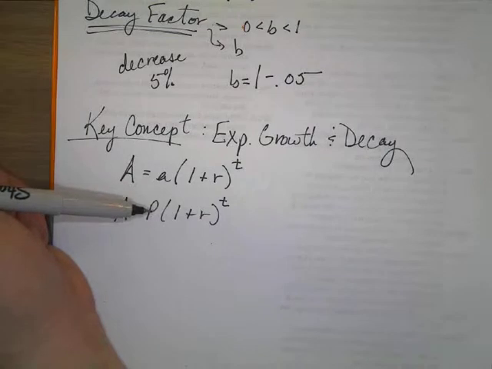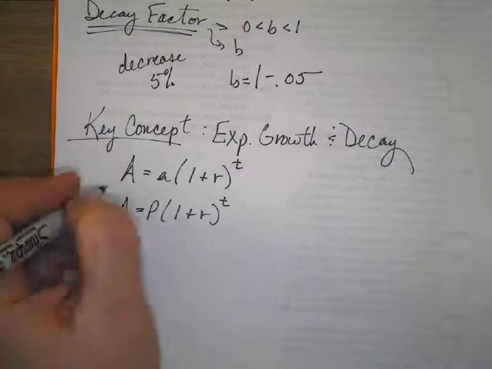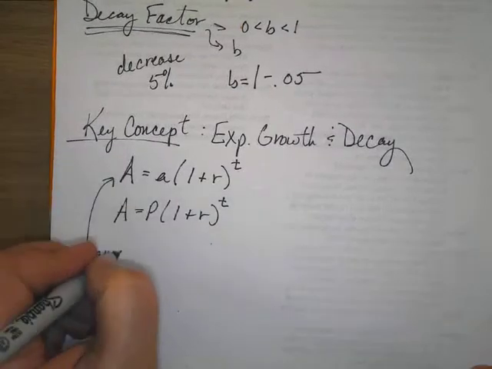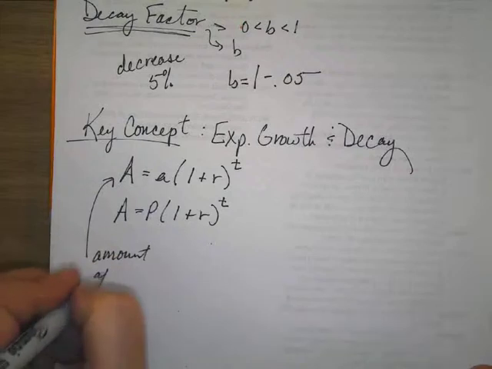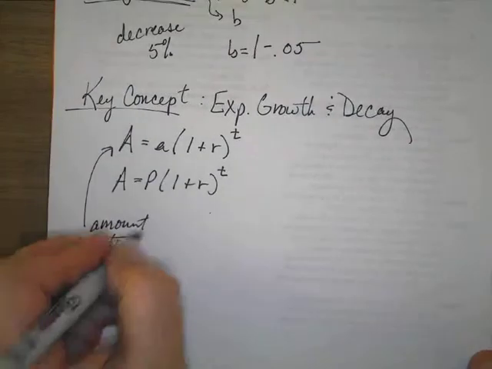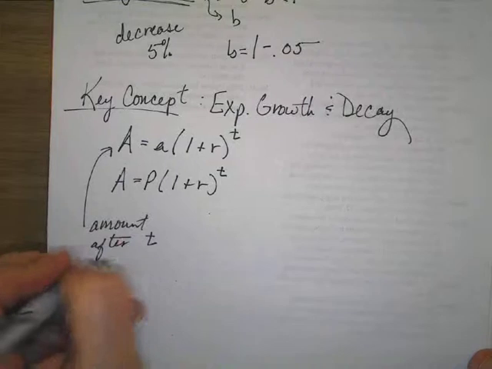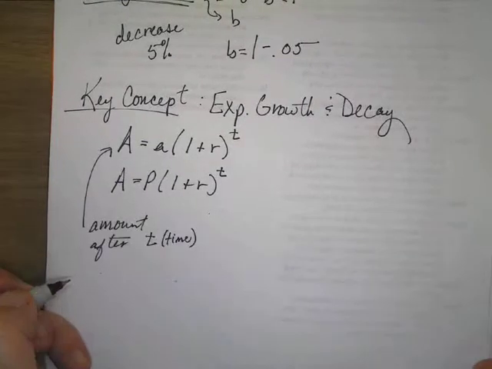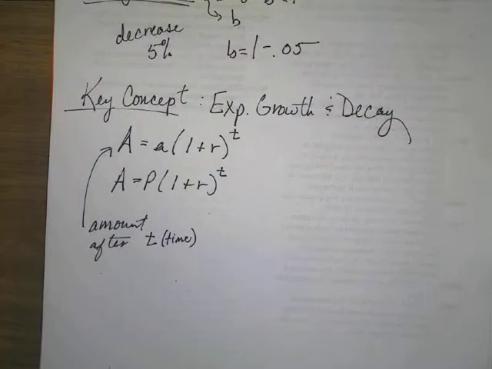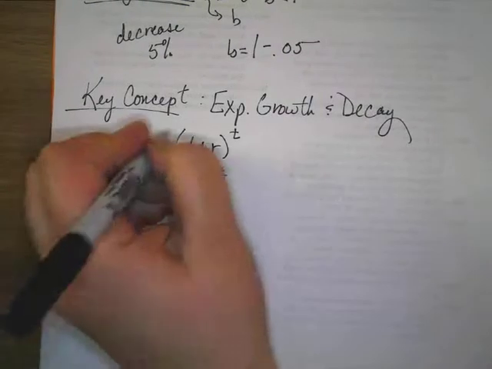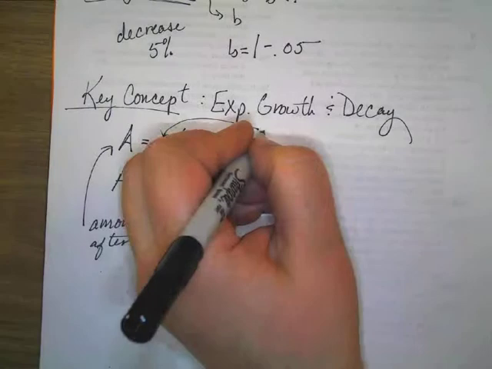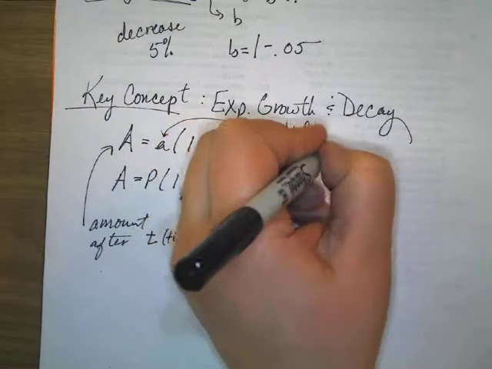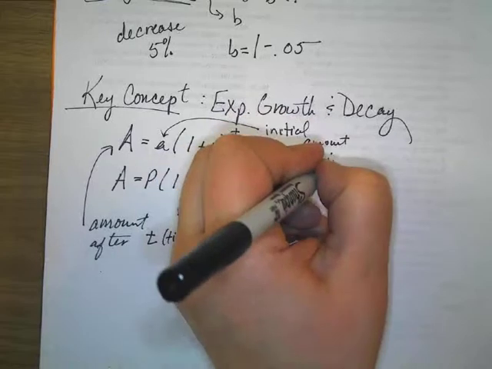All right? This big A always stands for the amount after T time. T is time. So the amount is always what you end with. The a, or in most cases P, is the initial amount, also called the principal.